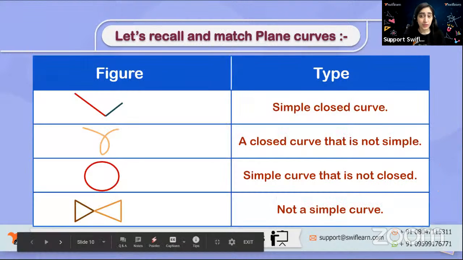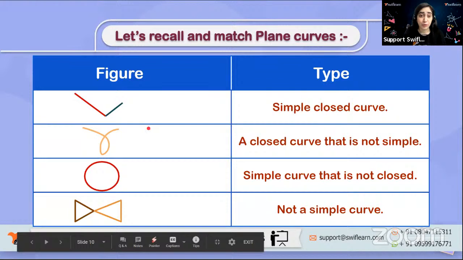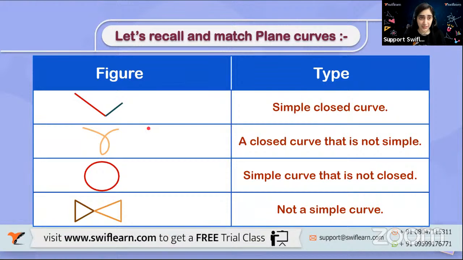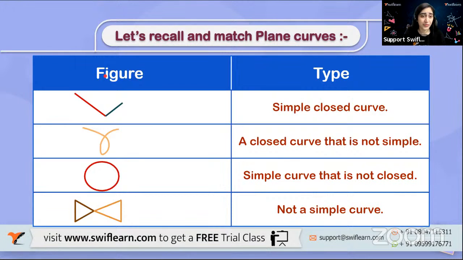Now, what exactly do we mean with this? Now, these are some plane figures, plane curves. You have to tell me which type of curves are these. We have already done it. Okay, now these are the four figures and these are the four options. You need to tell me. Okay, let's go one by one. What figure is this? Is it a simple closed curve?